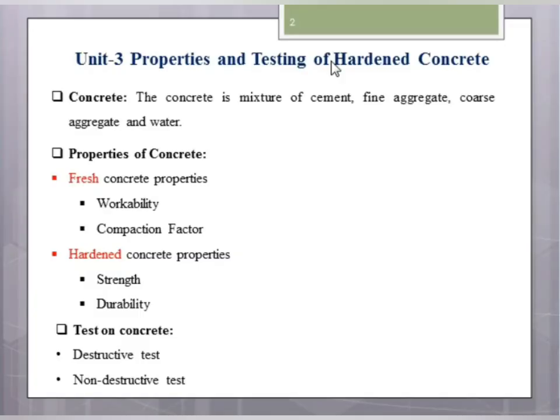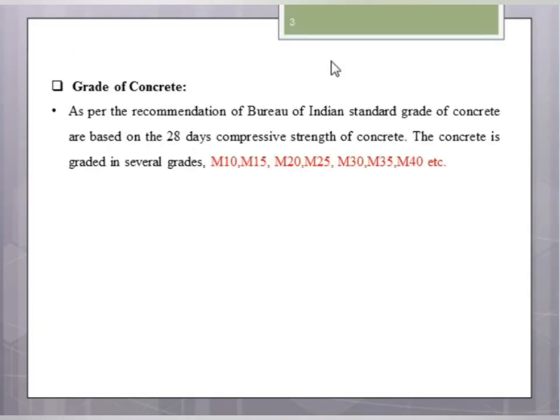There are two parts: one is destructive and the second is non-destructive testing of hardened concrete. So what is grade of concrete? M20, M25, M30. These are the grade designations.